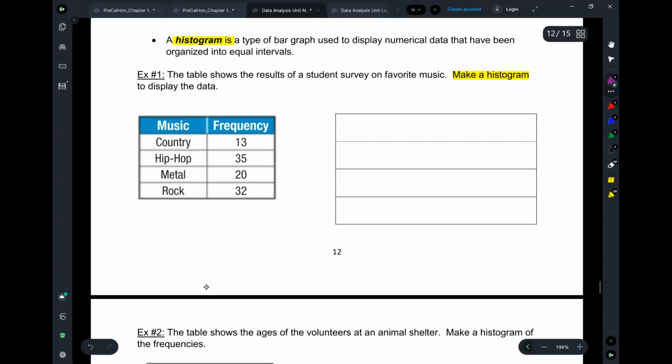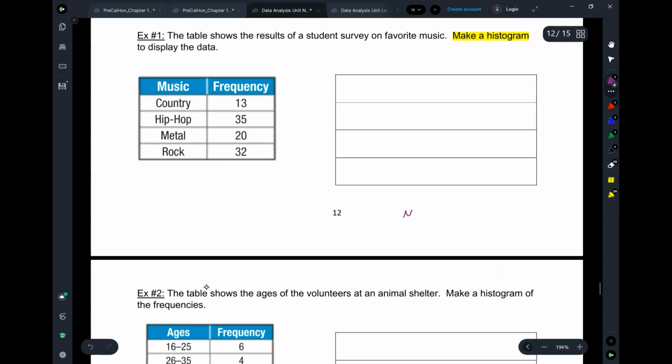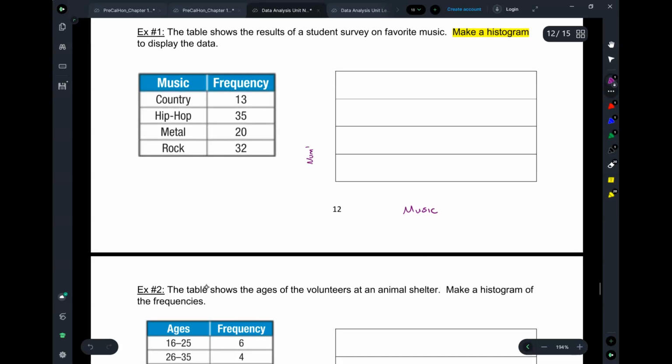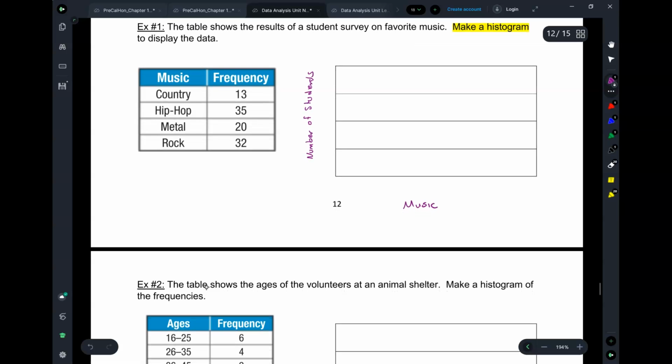All right, so we have the type of music in this chart and the frequency, and we're going to label this as music, and the frequency meaning number of students. Okay, and we have different types of music.